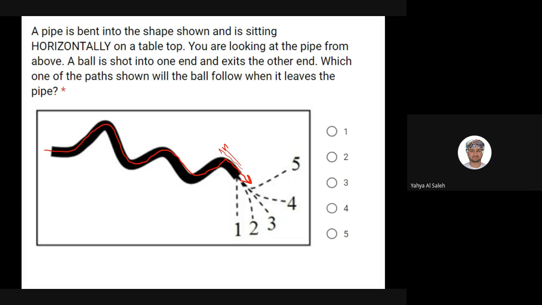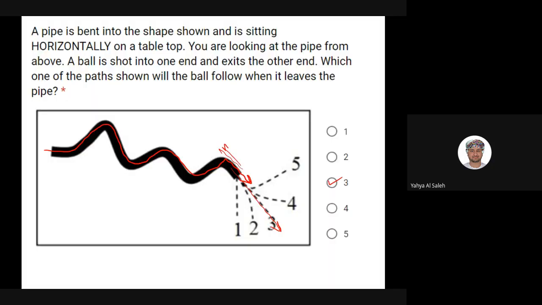According to Newton's first law, things that are moving, unless they have a force on them, will continue the way they are. And here we have no forces. So which way is it going to go? It's going to go in a straight line with number 3. There are no forces to make it go to the left or to the right. So it will just continue going straight.